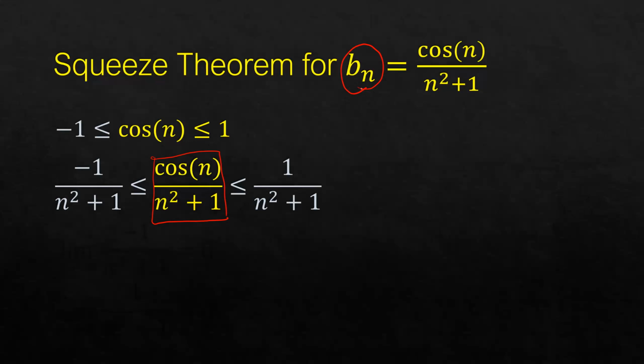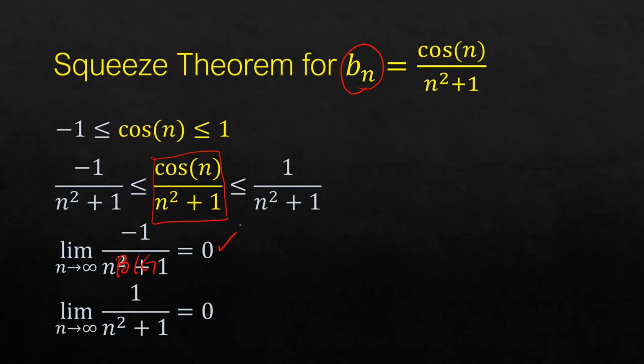So let's consider first the one on the left. We would have -1 divided by a big number. That would be a negative, very, very small number. So we would call that 0. On the right, when n goes to infinity, we have 1 divided by a big number. That is a positive, very, very small number.